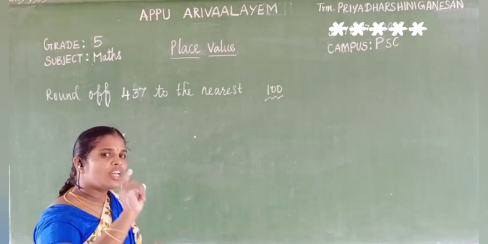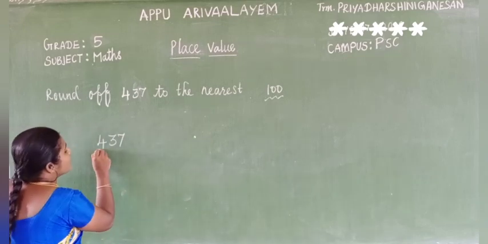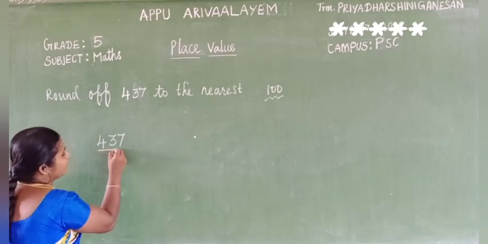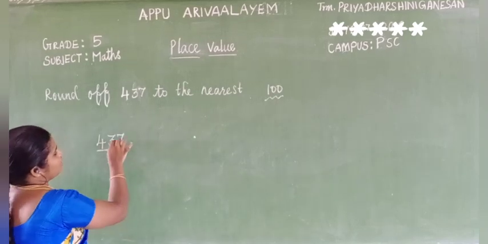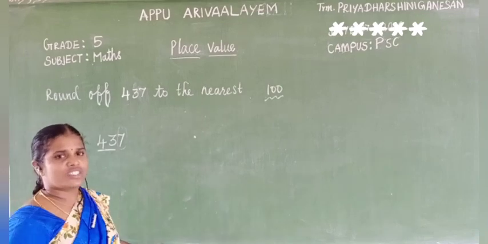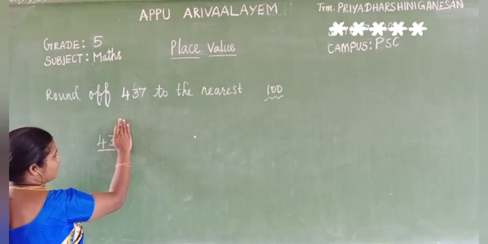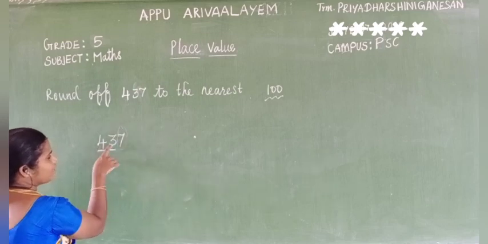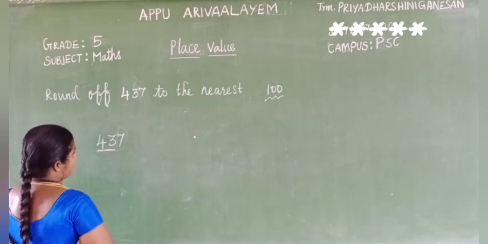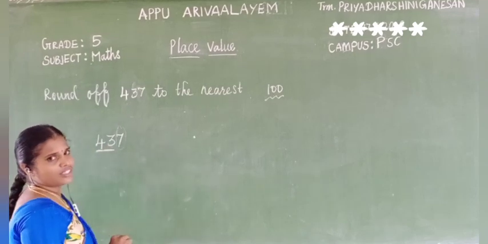For that, we need to see the hundreds place and tens place. You need not consider the ones place, that is considered as 0. You need to consider these two digits, 4 and 3.